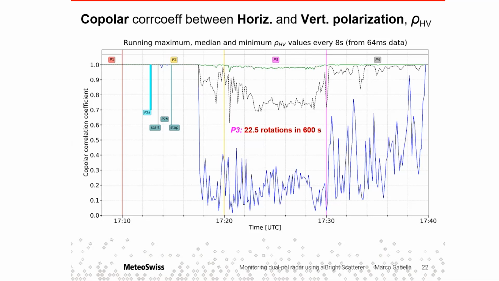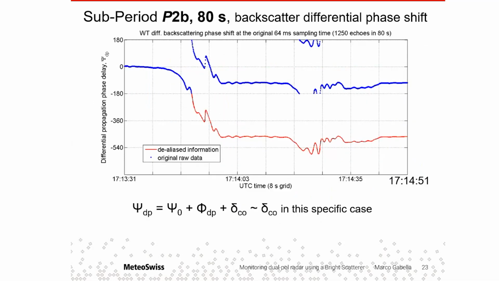And I now zoom into this time interval, which is approximately 80 seconds. And I show you CDP. CDP, which is again coincident with delta, the backscatter differential phase shift, because it was a clear sky day.